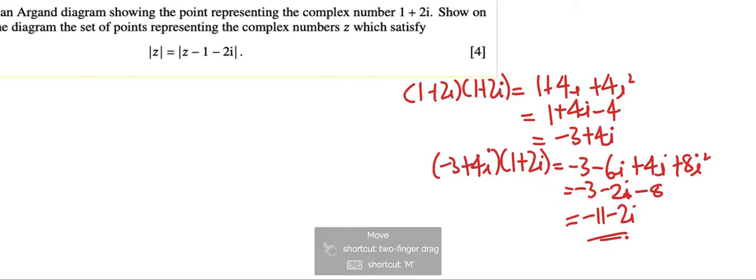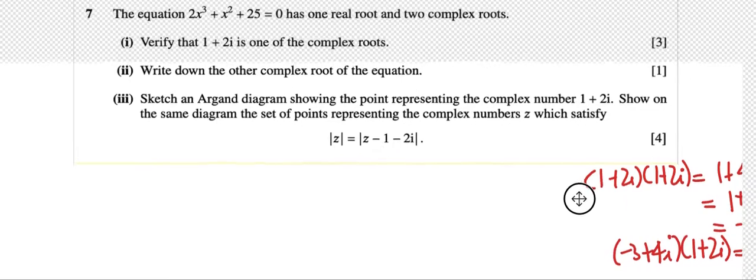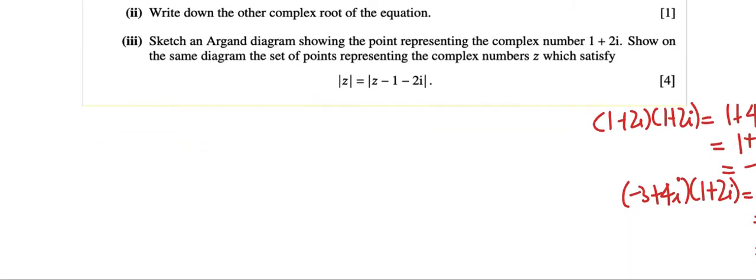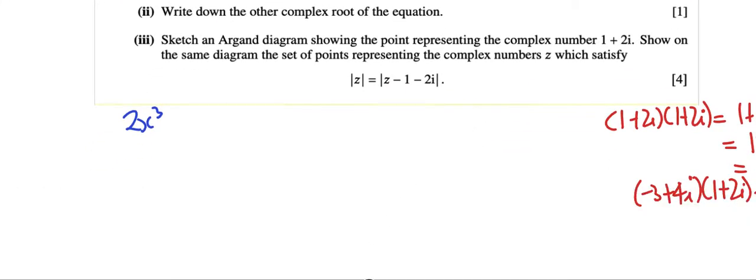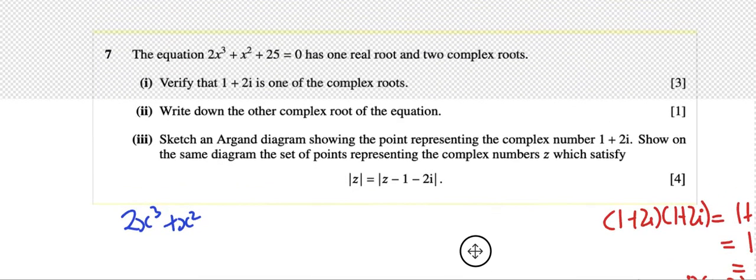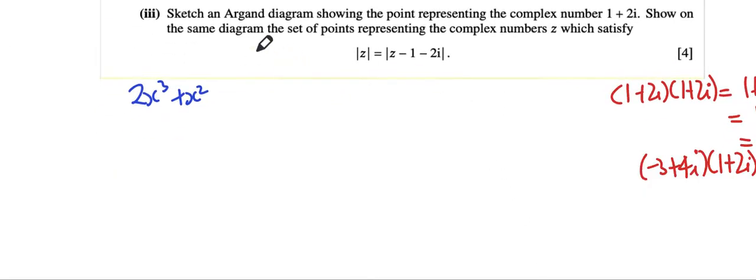So now let's sub this inside. When I sub this inside, I have an equation: 2x cubed plus x squared plus 25 equals 0.